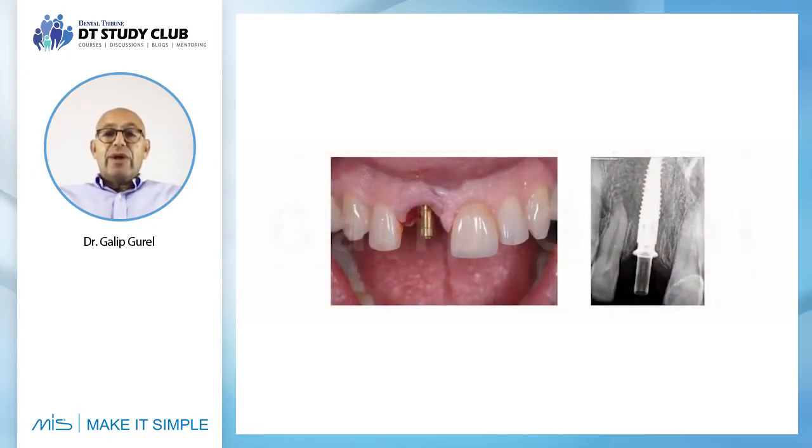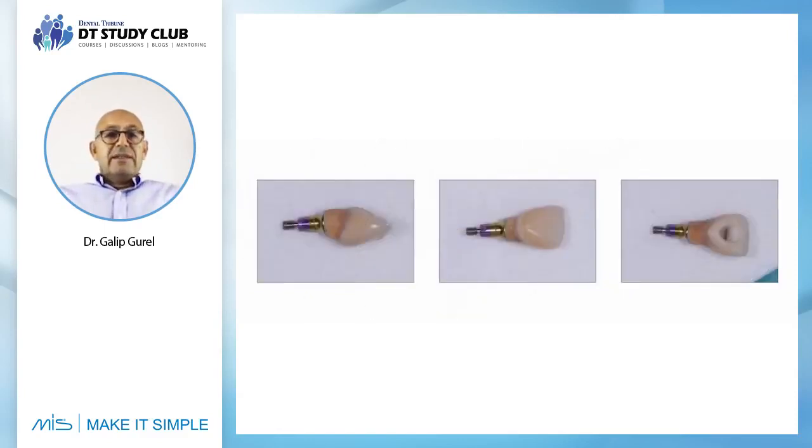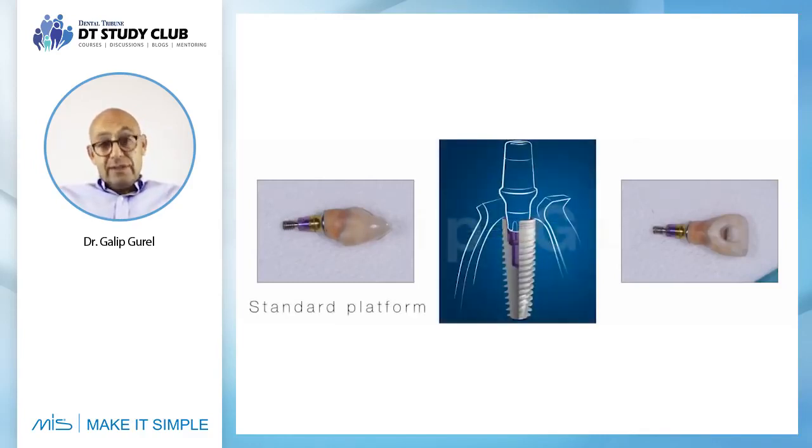I am now going to place my new provisional over the provisional abutment that we placed to the head of the implant. So this is the tooth that I cut from the root surface and connected this with the standard platform, over the standard platform that MIS is supporting us.